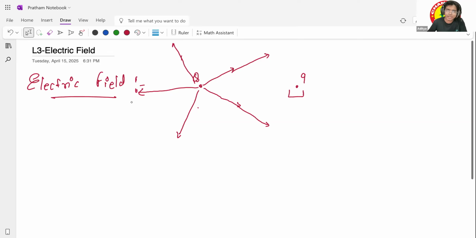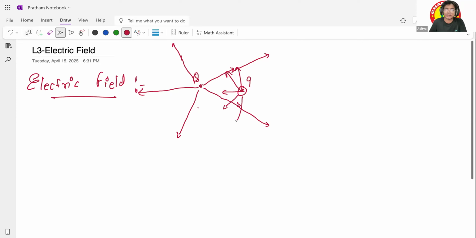Right now there is no other charge in its electric field region, so it won't experience any force. But I grabbed this charge and took it to this place. Now you can see this charge is in the region of this electric field. This charge will also have its own electric field like this.